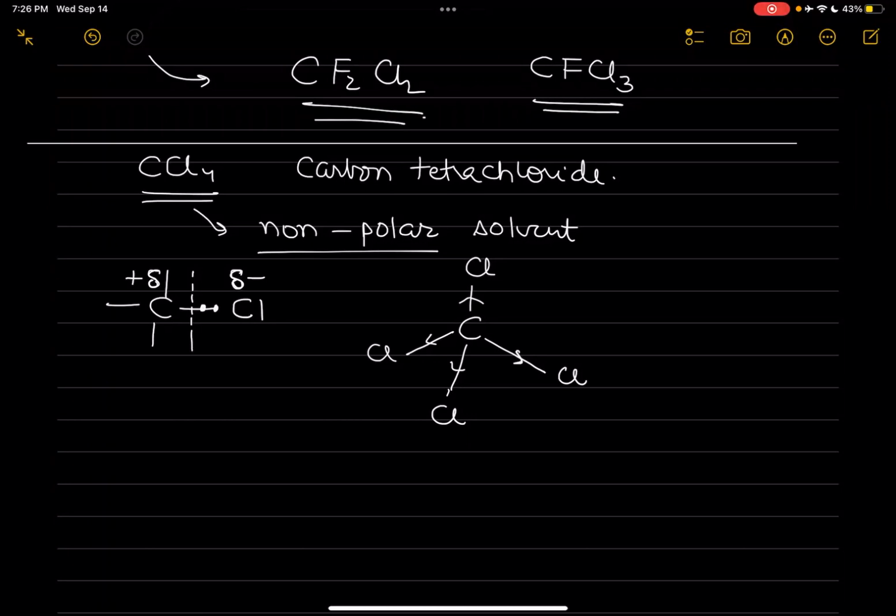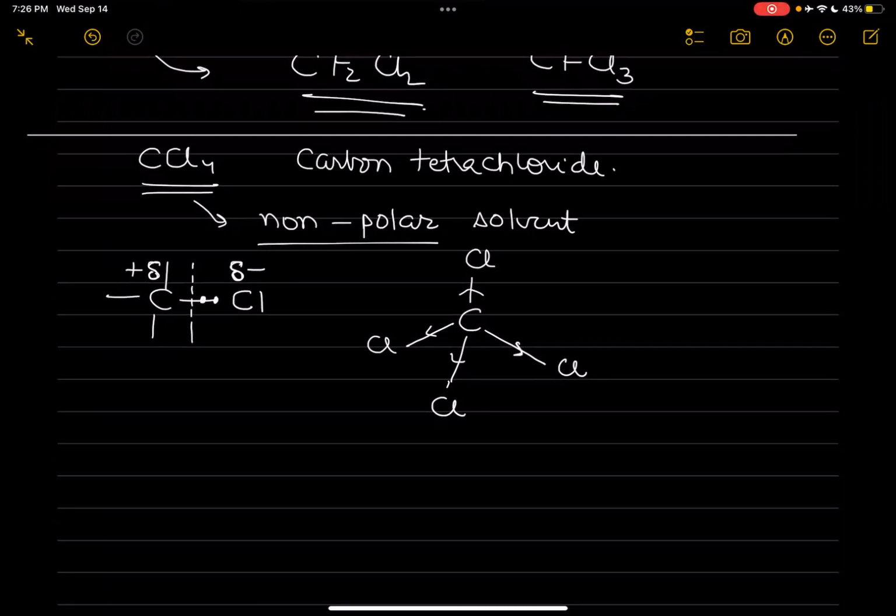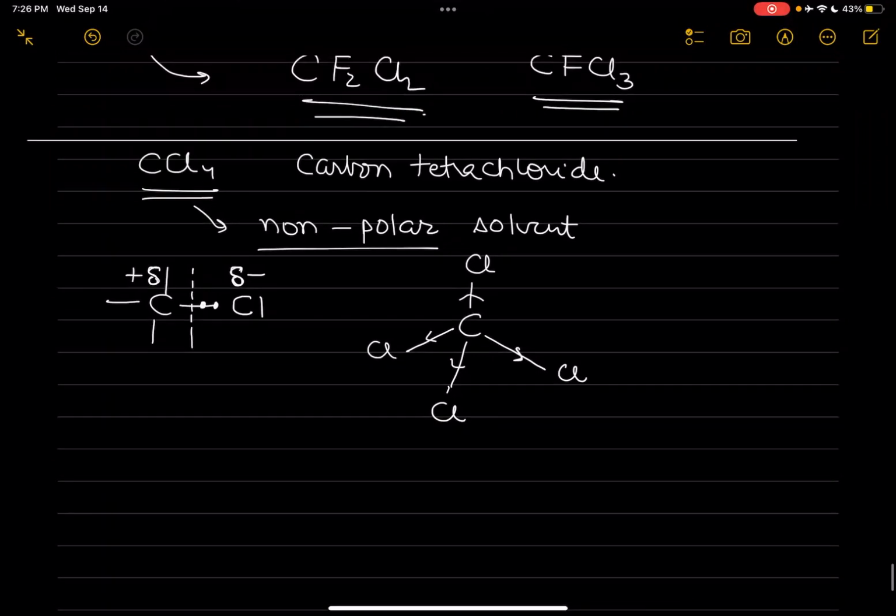So the net resultant is non-polar. They cancel each other's pulling. Is it clear? Yes, sir, clear. So CCl4 is non-polar in spite of having C-Cl bonds, which are polar bonds.